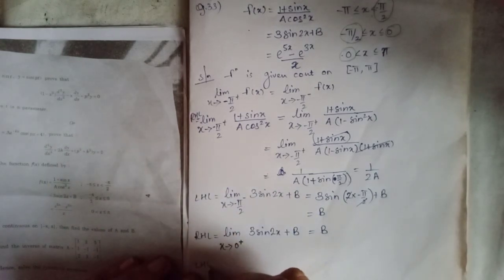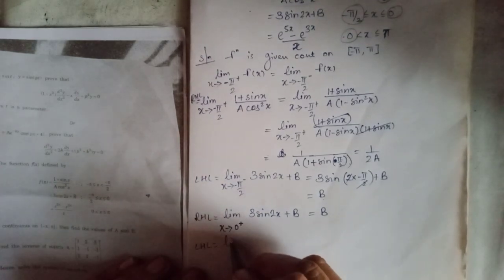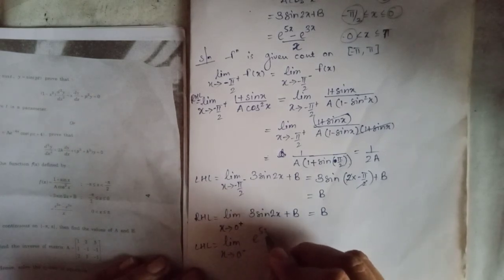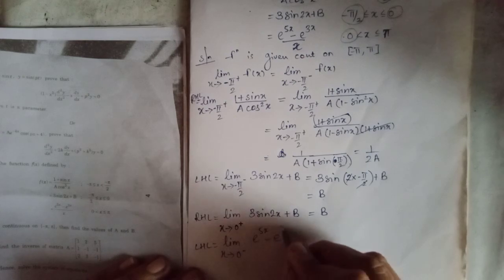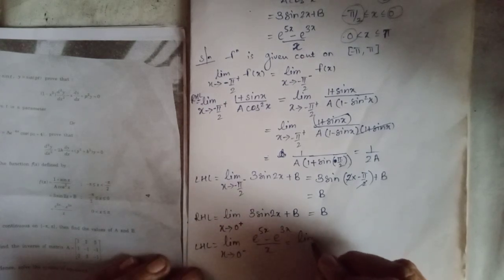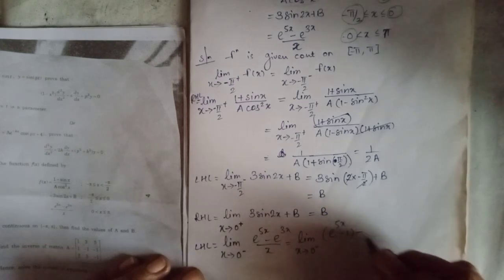And the left hand limit as x tending to 0 minus, e raised to 5x minus e raised to 3x upon x, so you can write it as e raised to 5x minus 1 minus e raised to 3x minus 1.